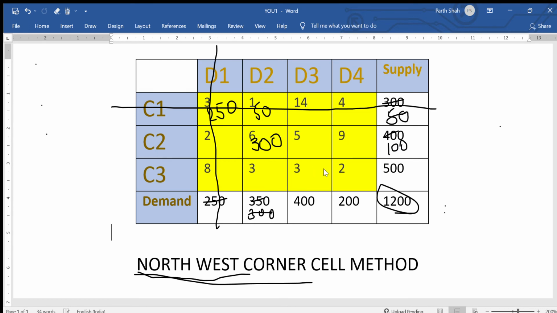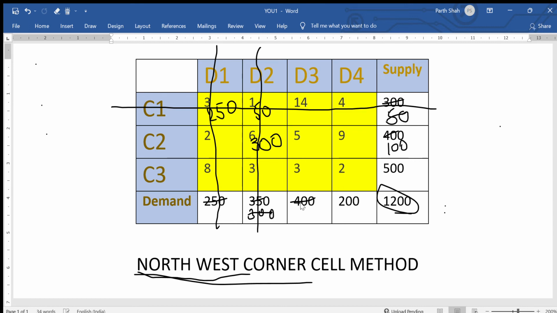D2 is now exhausted, so we cut the entire column. Now the cost matrix is these four cells. In that, the northwest has 100 as the supply and 400 as the demand.